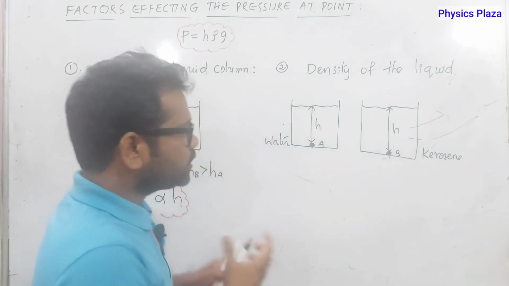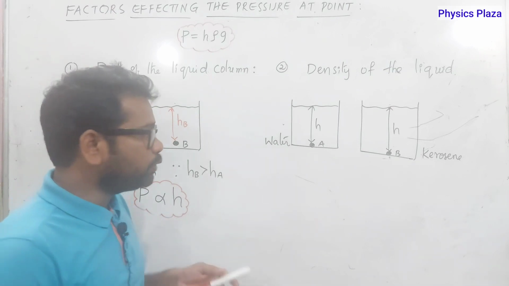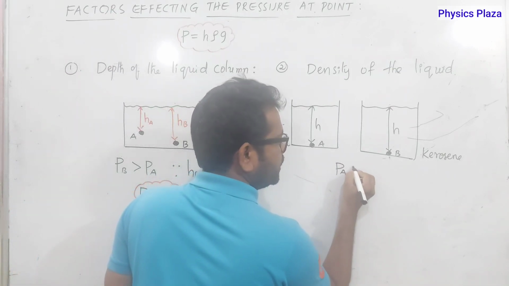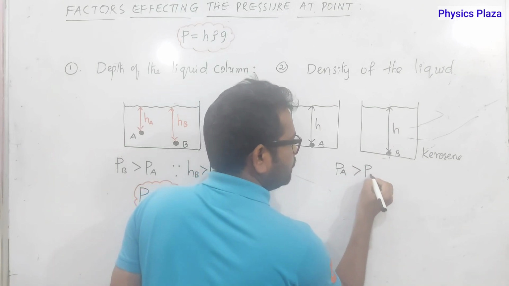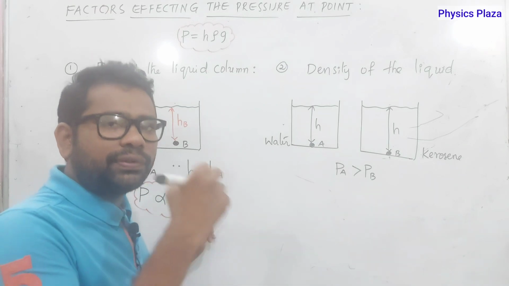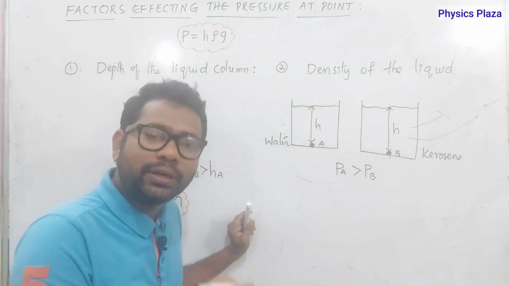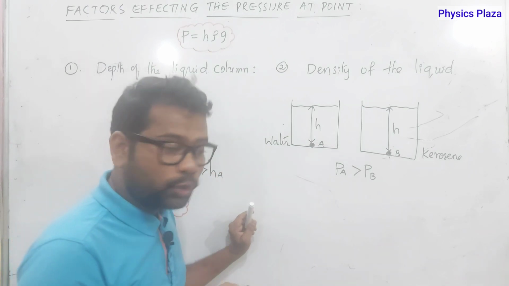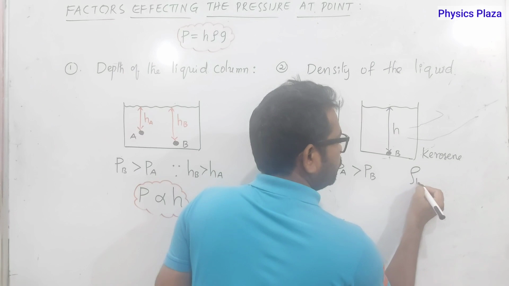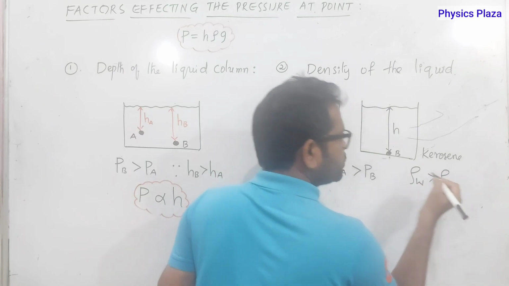Okay, fine, children. So here is water and here is kerosene. Experimentally it has been proved that the pressure at point A is greater than the pressure at point B. What makes the difference here? Both are at the same depth, but they differ in density. We know that the density of water is greater than that of kerosene.